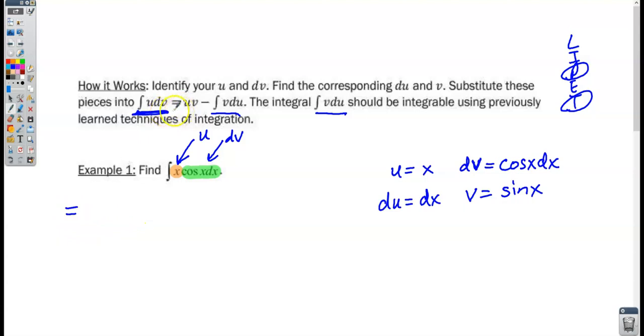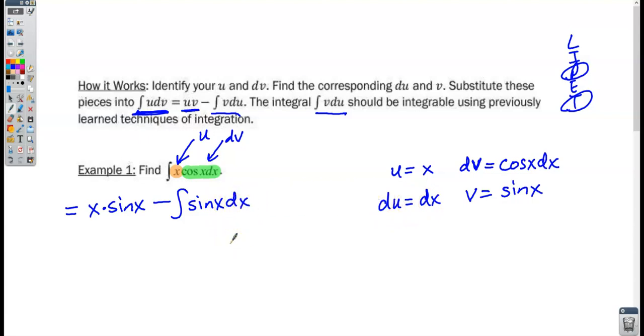That's equal to u times v minus the integral of v du.